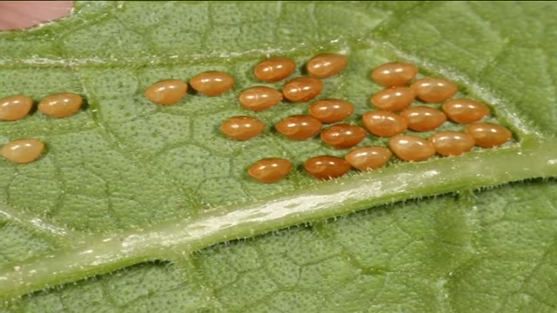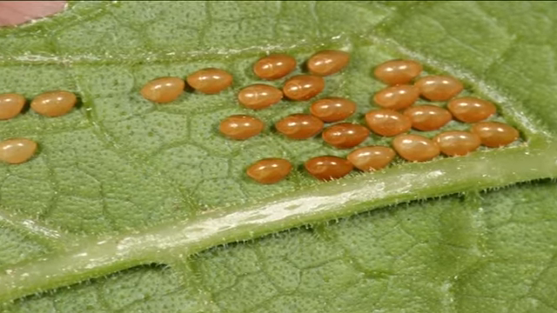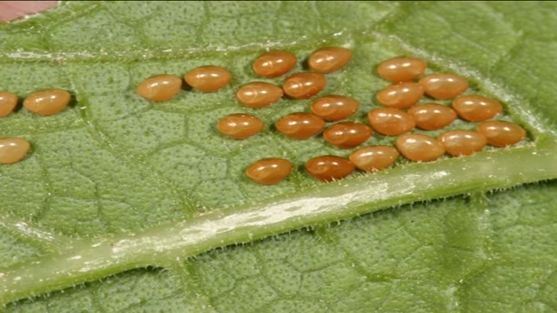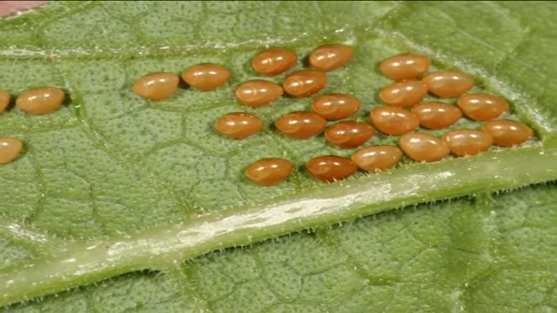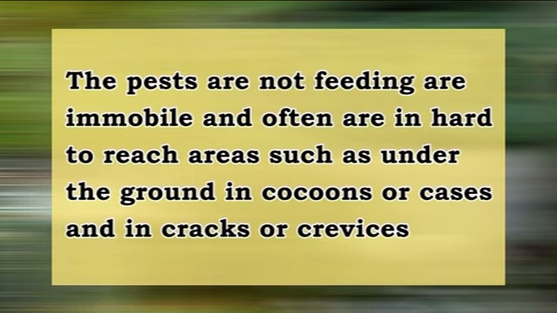In the egg and pupal stages, insects generally are difficult to control because these stages are inactive. The pests are not feeding or are immobile and often are in hard to reach areas such as under the ground, in cocoons or cases, and in cracks or crevices.